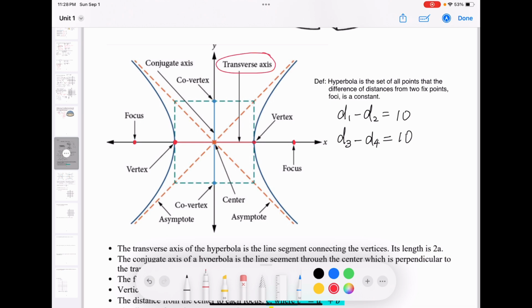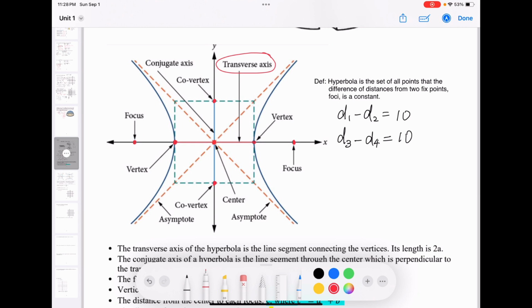Then we have another line perpendicular to the transverse axis. We call it the conjugate axis. And we have our co-vertices, two co-vertices here and here. In the middle is the center of our hyperbola.